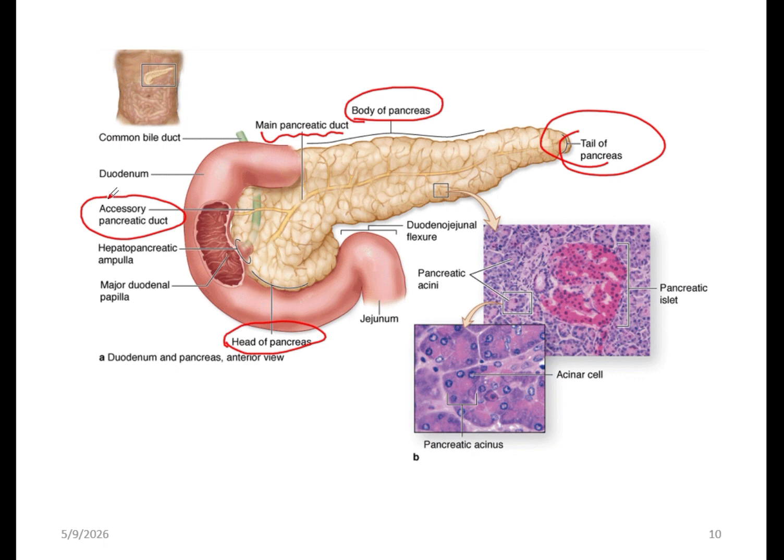This is the C-shaped duodenum, and the opening part, as I already said previously, is the hepatopancreatic ampulla. So this is all about the pancreas, right?